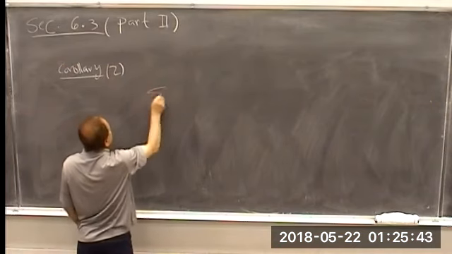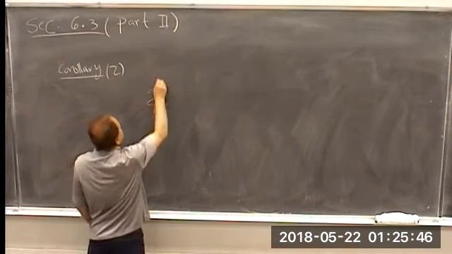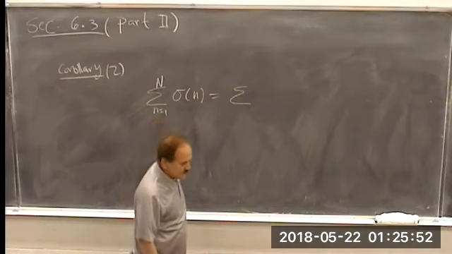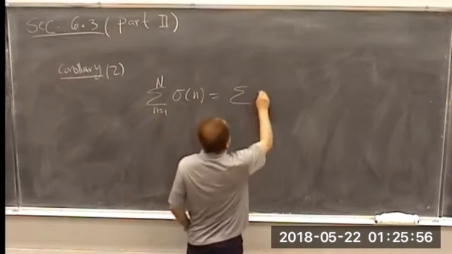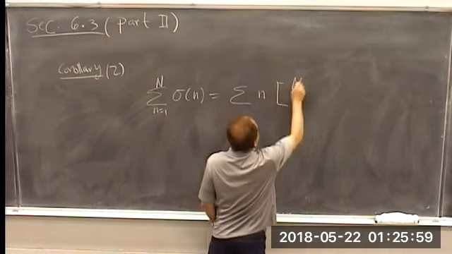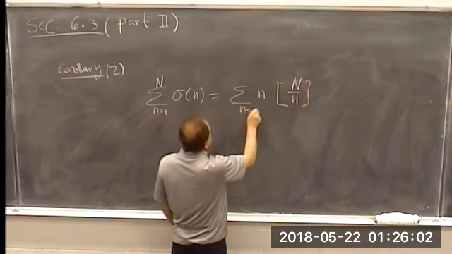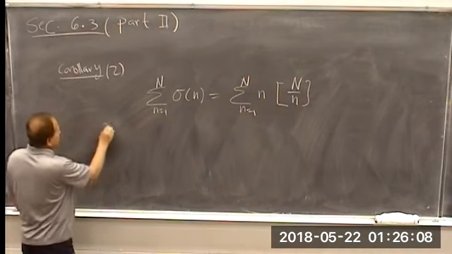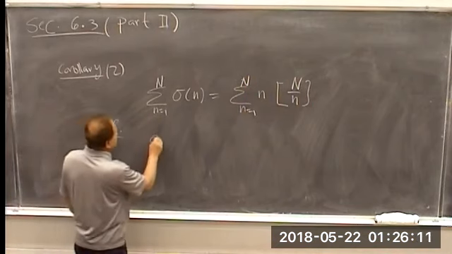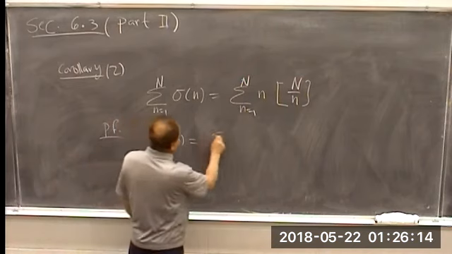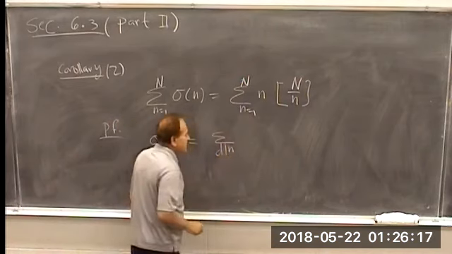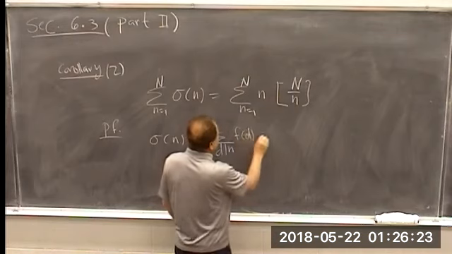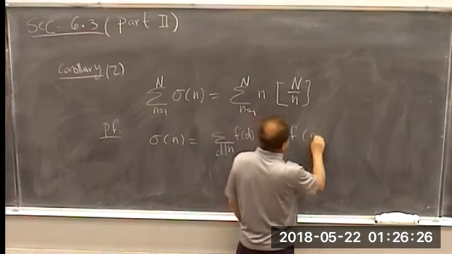Again, the sum n equal 1 to capital N of sigma of n is equal to the sum of n times N over n, for n equal 1 to capital N. The proof of this is again, remember that sigma of n is equal to the summation d divides n of f of d, where f of n is equal to n.